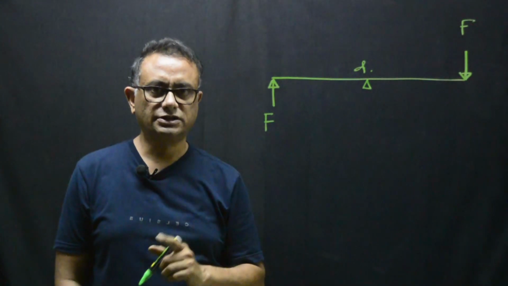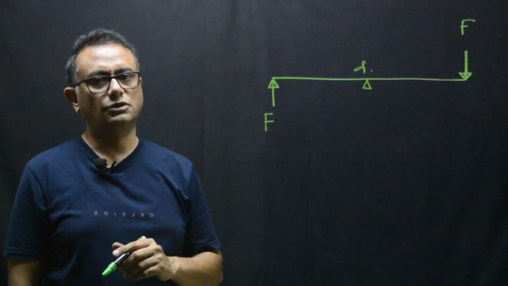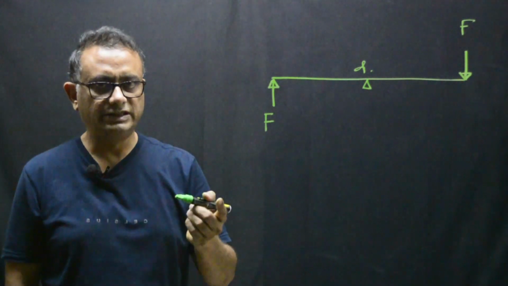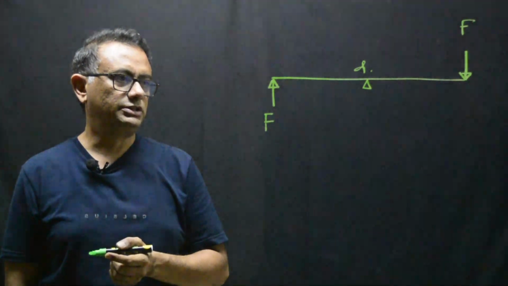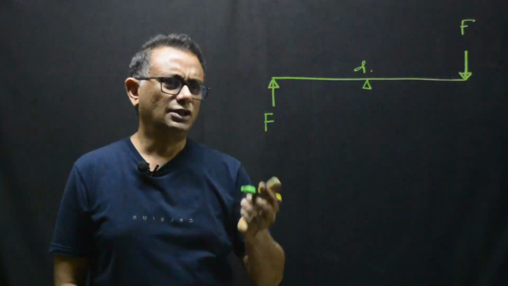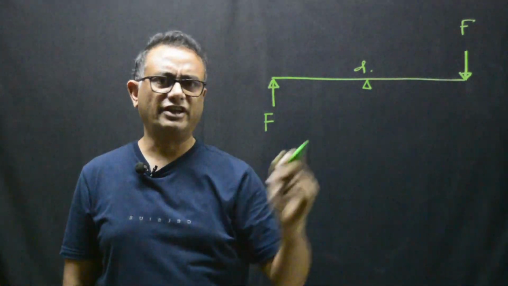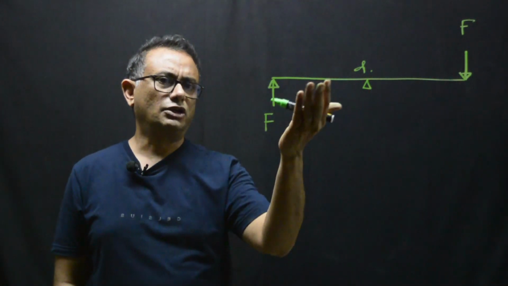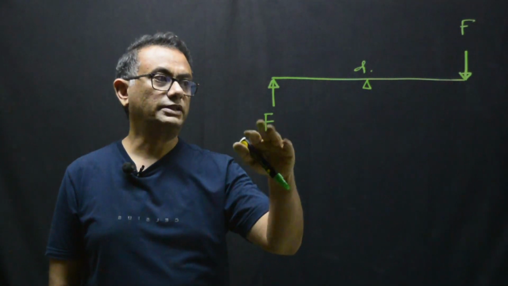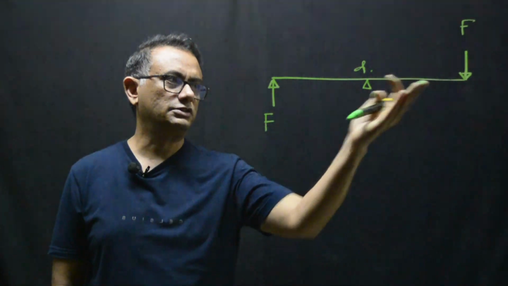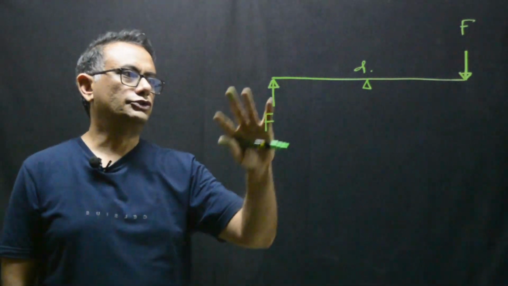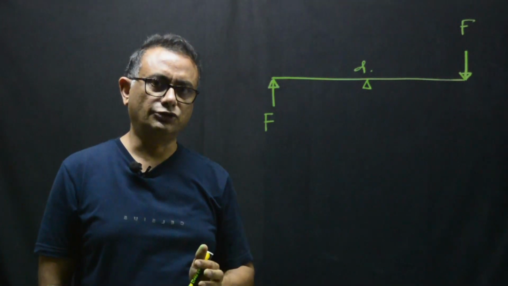There's one concept which you need to know called a couple while we are discussing the moment. Couple is nothing but two equal forces, F and F, which are acting on an object, but they are acting in opposite directions. Here is an upward force, there it's a downward force. So together these constitute a couple.